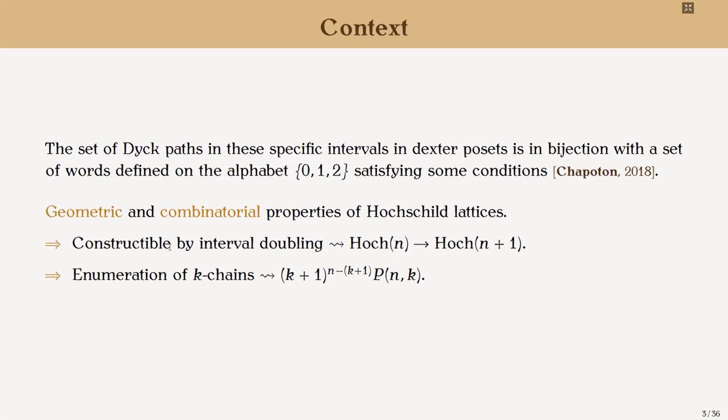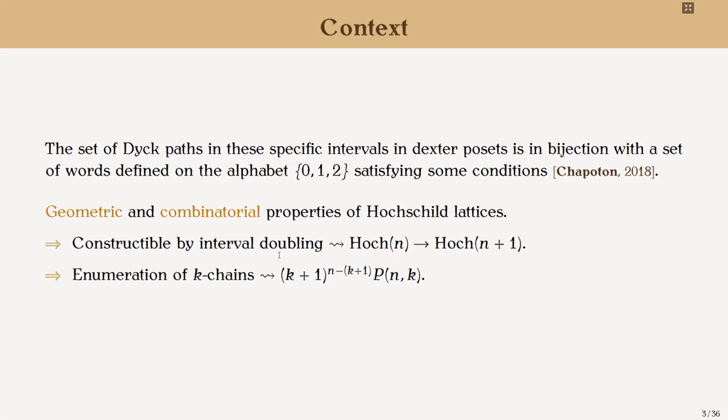The first one will be about this construction, how to obtain the Hochschild poset from lower order. And the second result is about a way to enumerate the k-chains of this lattice.